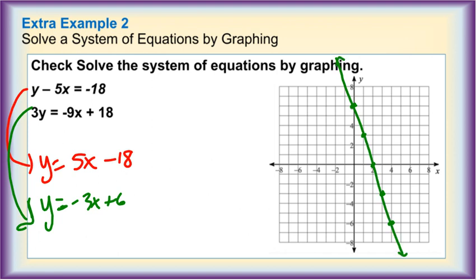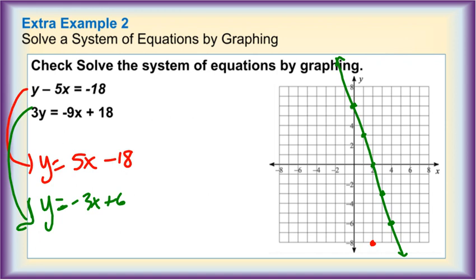The other one, since I can't go to 18, I'm just going to pick some points in there, I think it'll work. So if I put a 2 in for x, I would have 5 times 2 is 10 minus 18 gives me a negative 8. So 2, negative 8 would be down here. If I put a 3 in there, that's 15 minus 18 gives us negative 3.